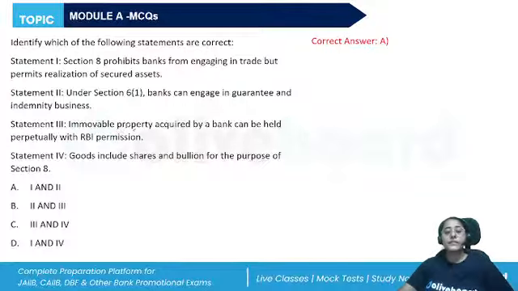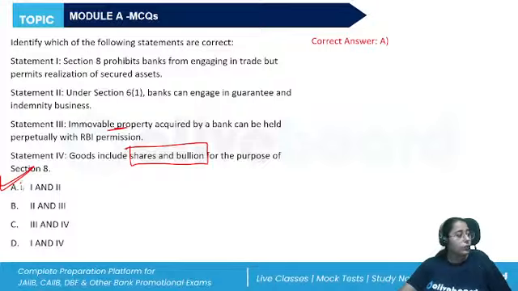Because the immovable property, if acquired by the bank, will have to be disposed of within the 7 year period, as we have discussed in the previous question. Also, the goods definition for the prohibited business, that is trading, buying, and selling of goods, does not include shares and bullion. So the correct answer becomes A, 1 and 2 only.